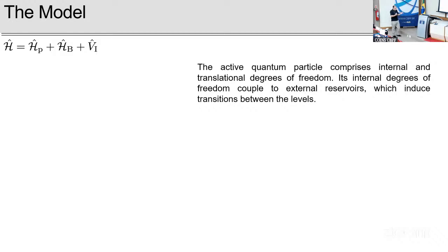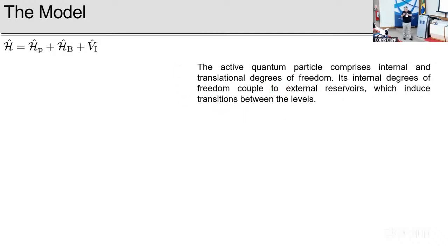Of course, you want your particle to have some internal degrees of freedom that can have transitions, and those transitions will allow energy exchange with the reservoir, but it should also have translational degrees of freedom.